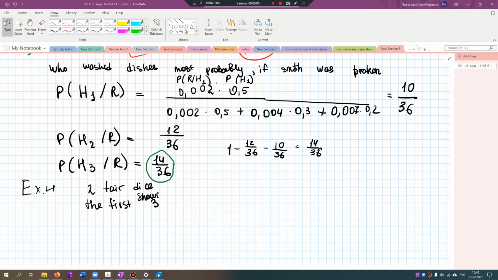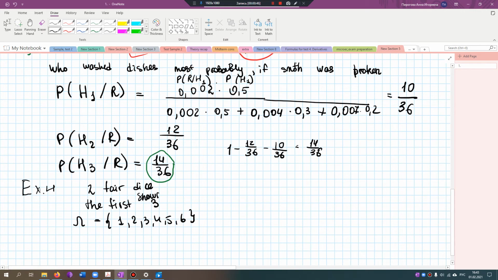Now let's proceed to the next exercise. Here we have two fair dice, and we know that the first shows number 3. So our set of outcomes: our die can show 1, 2, 3, 4, 5, 6.